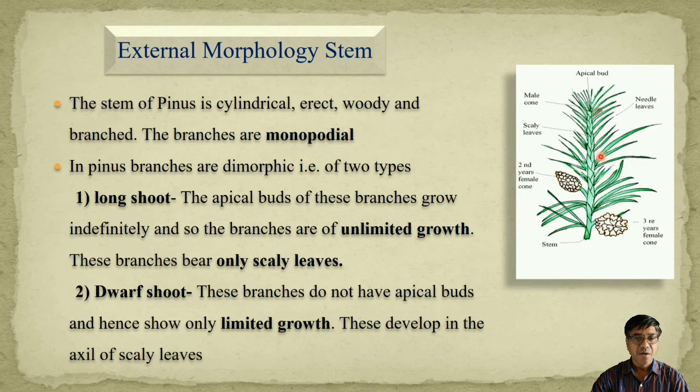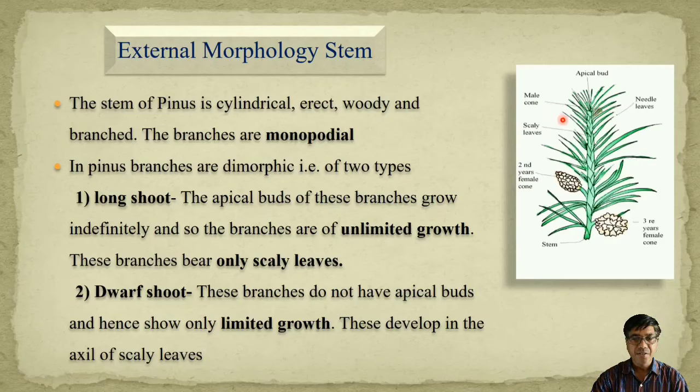In Pinus, branches are dimorphic. That is, two types of branches are present. First, long shoot or branches of unlimited growth, and second, dwarf shoot or branches of limited growth. First of all, long shoot.